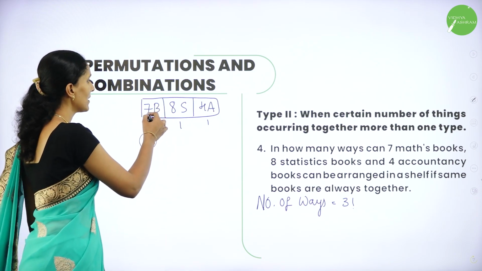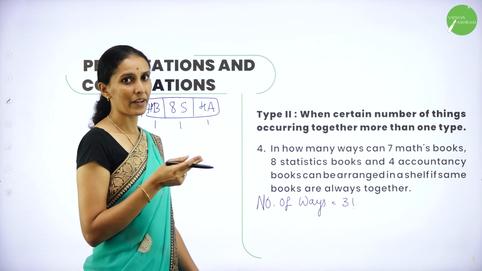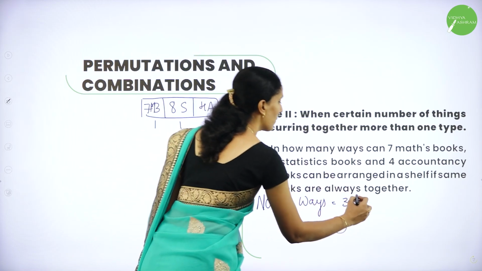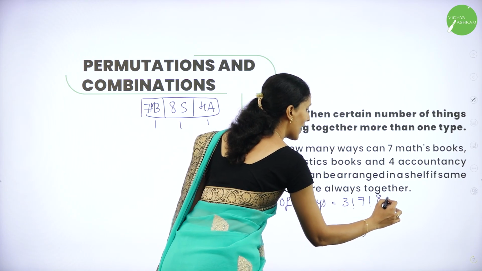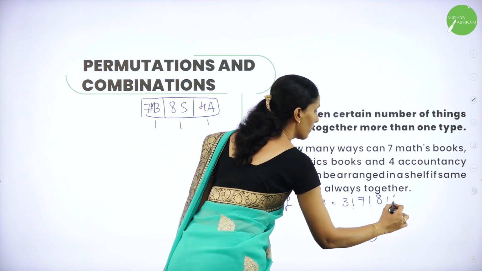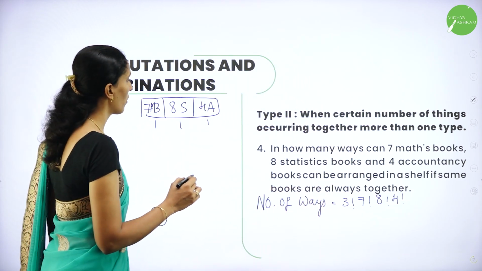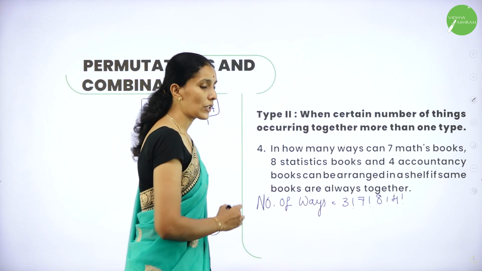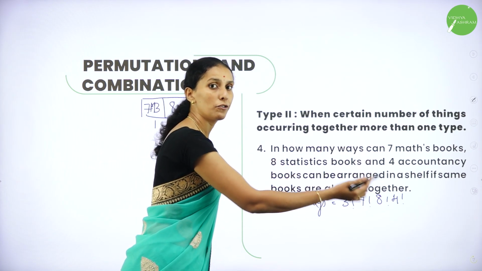So what about my 7 maths books here? 7 maths books can be arranged there itself, therefore that can be written as 7 factorial. Similarly my 8 statistics books and similarly my 4 accountancy books. So my total number of ways here is 3 factorial into 7 factorial into 8 factorial into 4 factorial.